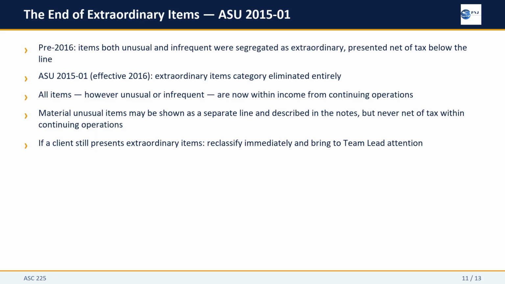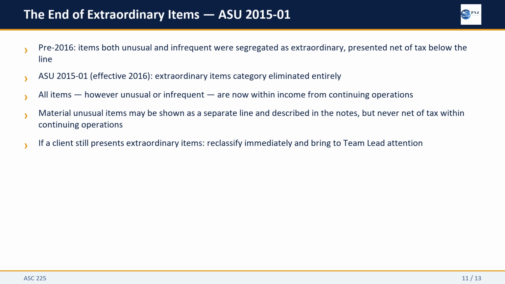Before 2016, U.S. GAAP allowed a special category below the income from operations line for items that were both unusual in nature and infrequently occurring: extraordinary items, presented net of tax. ASU 2015-01 eliminated this category entirely. From 2016 onward, every item, regardless of how unusual or rare, must be included within income from continuing operations.